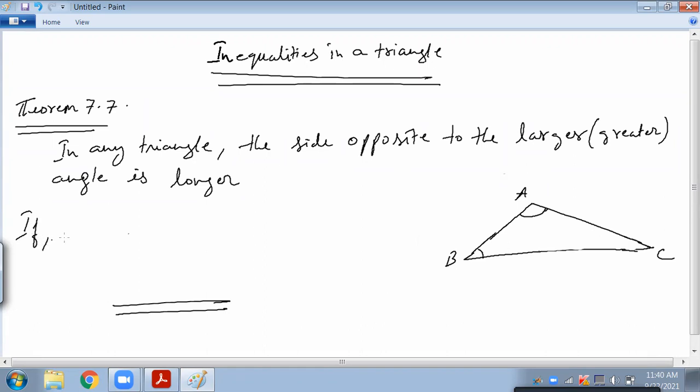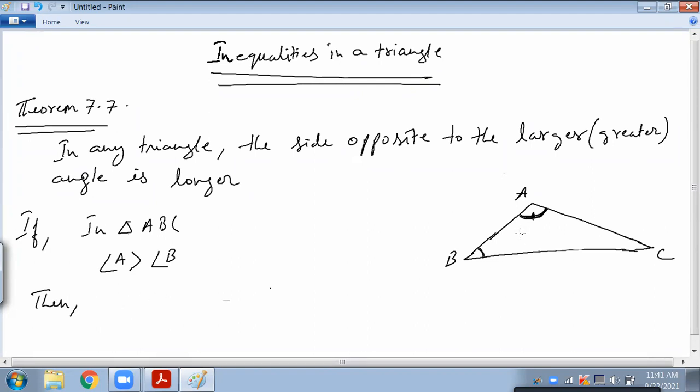If the side opposite a larger angle is greater, say angle A is greater than angle B. Let's put the triangle. In triangle ABC, if angle A is greater than angle B, then we can take that the side opposite to the larger angle will be greater.